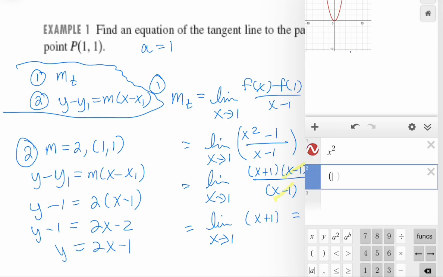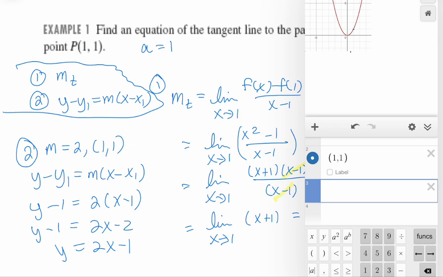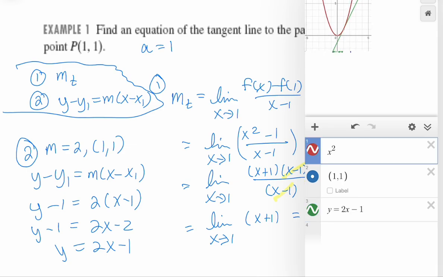If we put in the point 1, 1, and then if we put in the equation we found, it should hit that point perfectly. And you see how it is perfectly tangent to the graph at that point. It is only hitting it perfectly at that point.